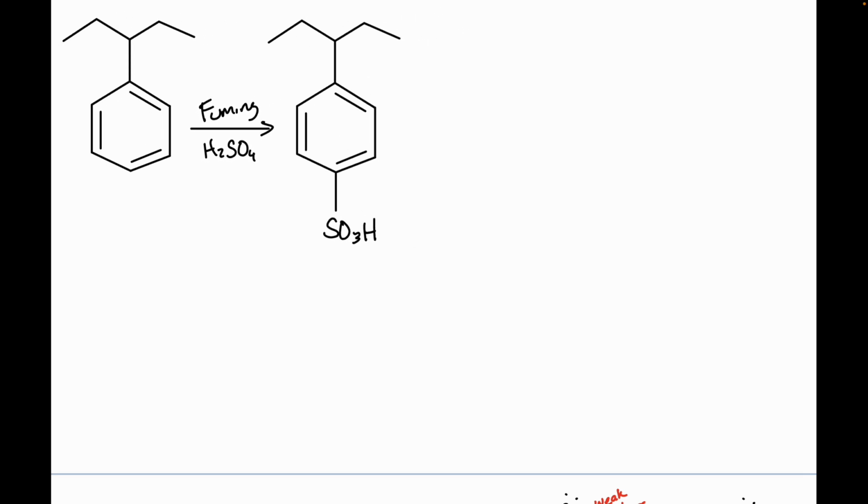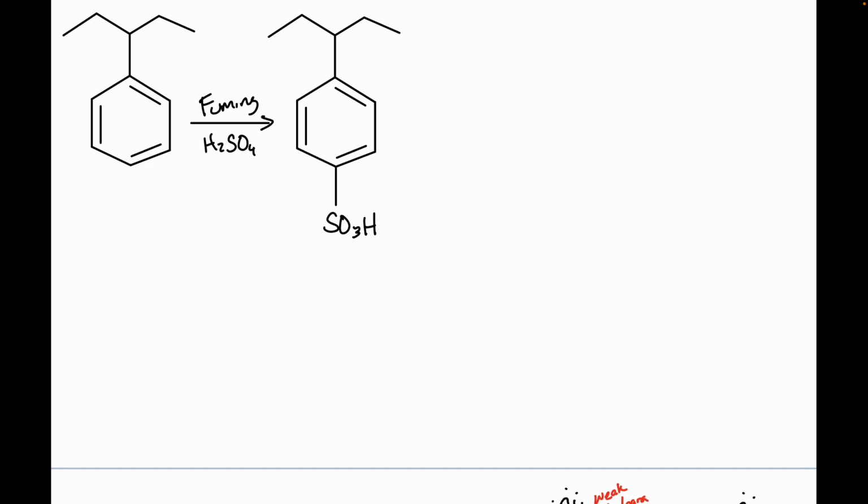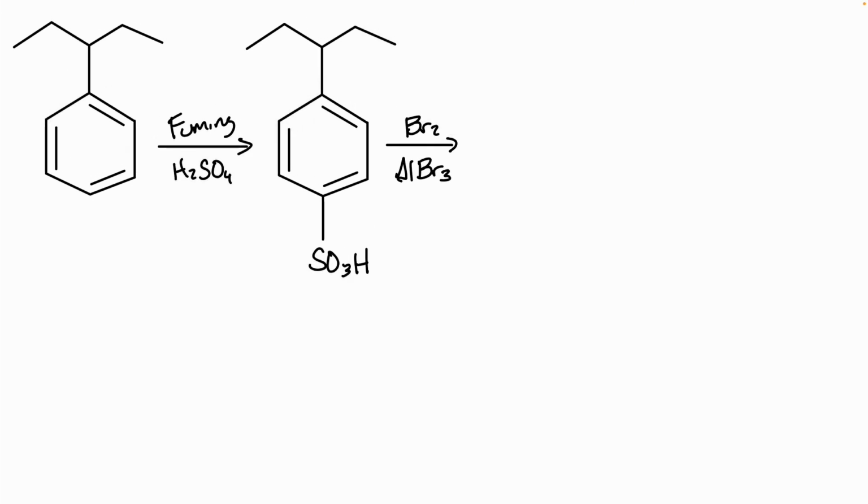So now, if I do my bromination reaction, okay, my alkyl group is ortho-para, but that para position is currently blocked. So the only positions open are the ortho positions.